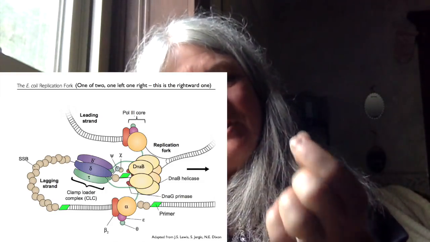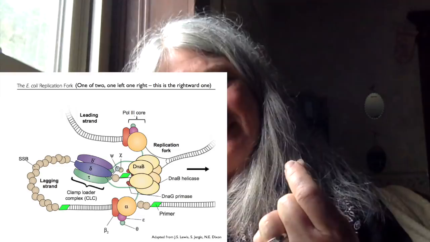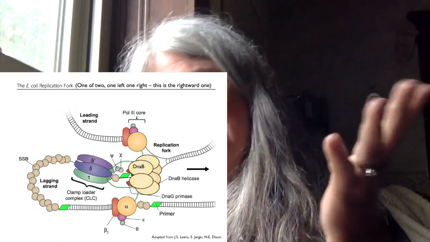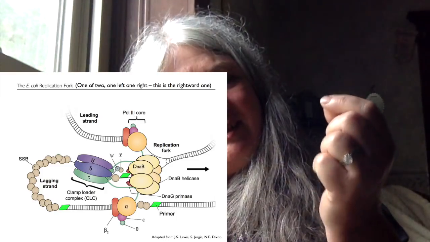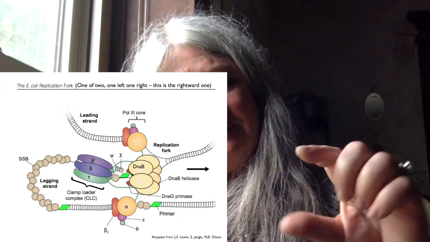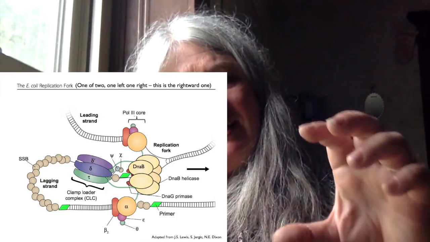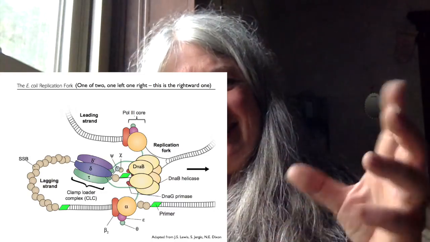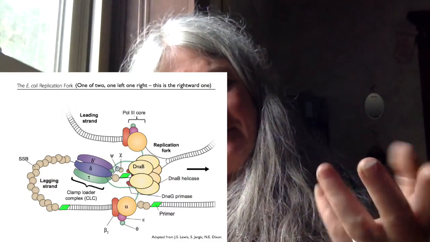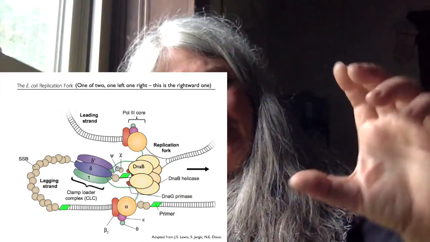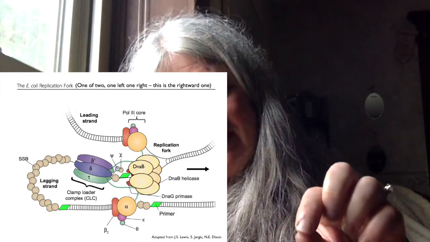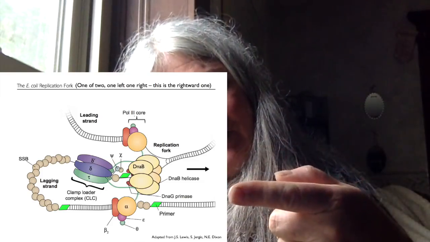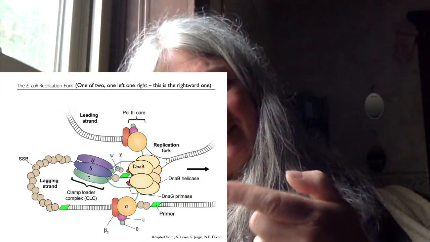An alpha, which is the actual catalytic portion. The theta, which frankly we really don't know what it does. And the epsilon. The epsilon actually is the exonuclease capability. So if this polymerase makes a mistake, the epsilon can take off that nucleotide and give the polymerase another chance to get the right one there.